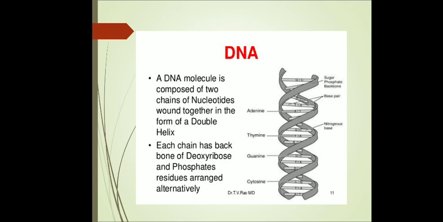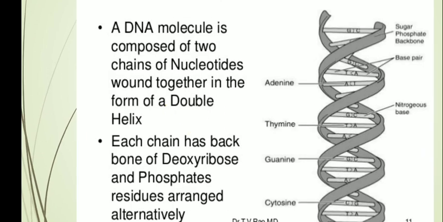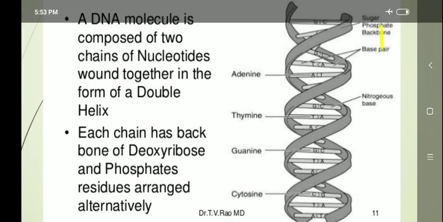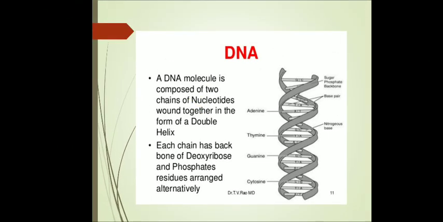Each chain consists of deoxyribose sugar and phosphate groups, which are arranged alternately. Here you can see the sugar phosphate backbone, as well as the different types of base pairs that are joined.